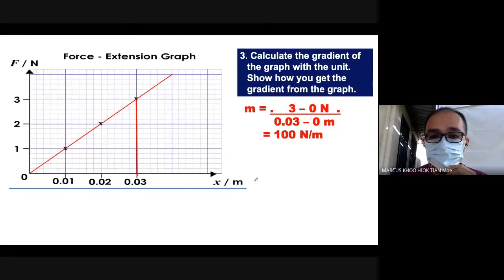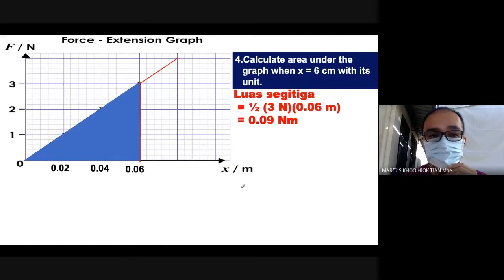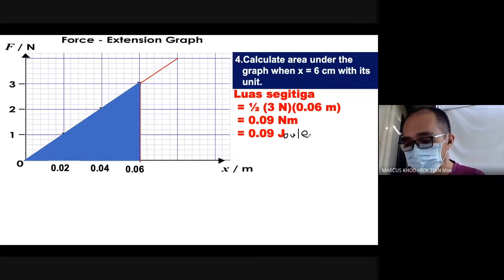The area under the graph will be Newton times meter, but we also have a half because we are calculating the area under the graph, which is a triangle. Take note of this. In actual fact, Newton meter is the unit for joule. It's the same thing, just written in a slightly different way.